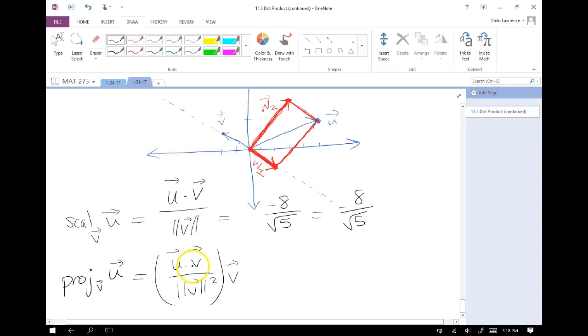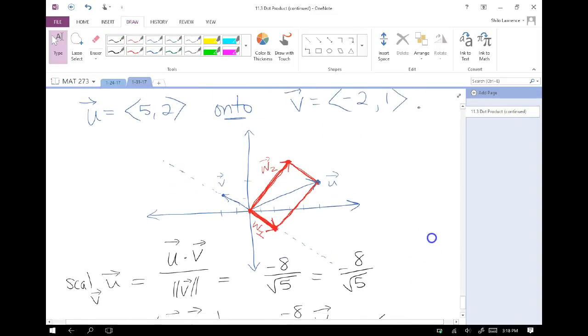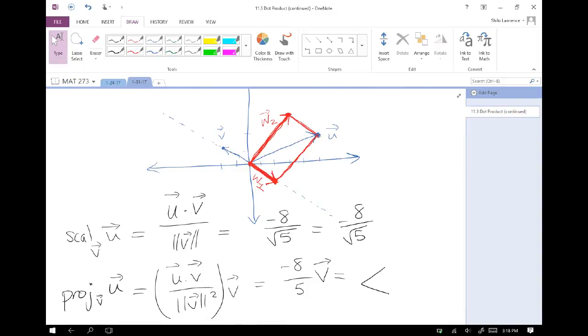So I already know u dot v is -8. I know magnitude of v is radical 5. So squared is going to be -8/5. So we need to take v and multiply it by -8/5 if we want to use it to create u. So v was -2, 1, and we're going to multiply them by -8/5.